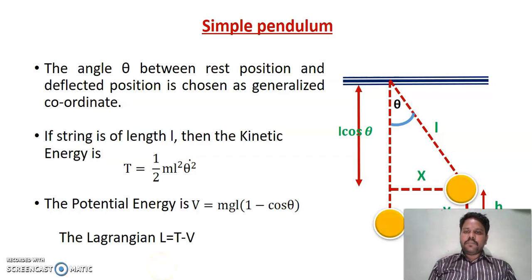Here we observe that it depends on theta dot and theta. So the Lagrangian is a function of theta, theta dot and t. So theta is chosen as generalized coordinate.